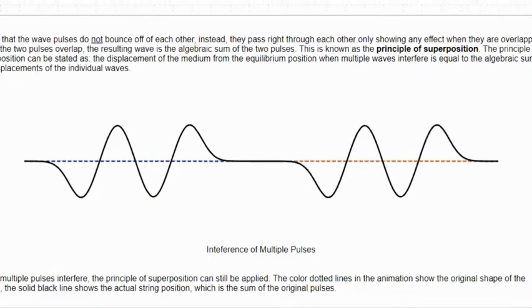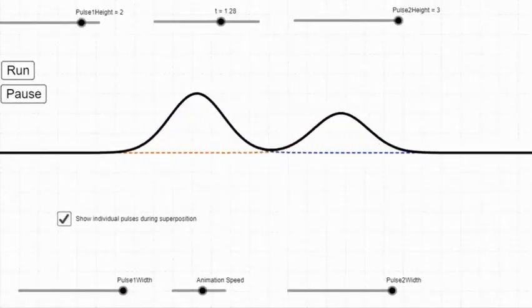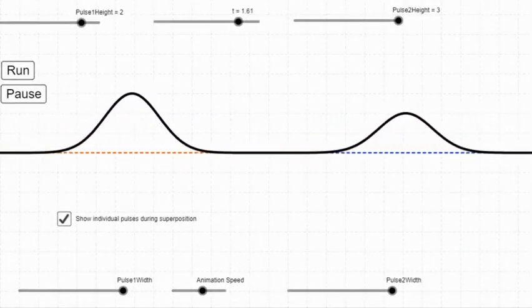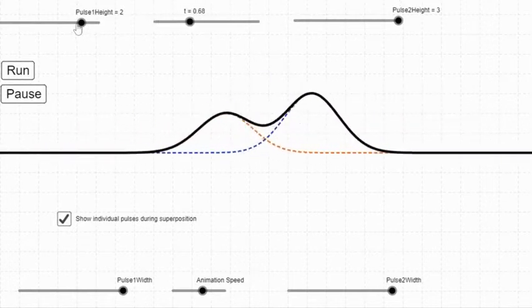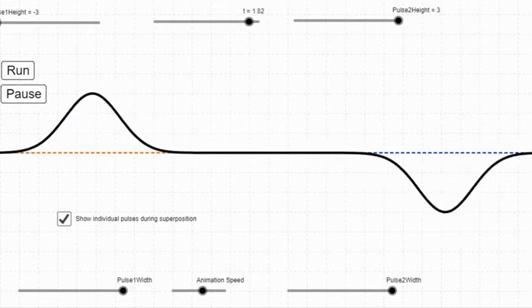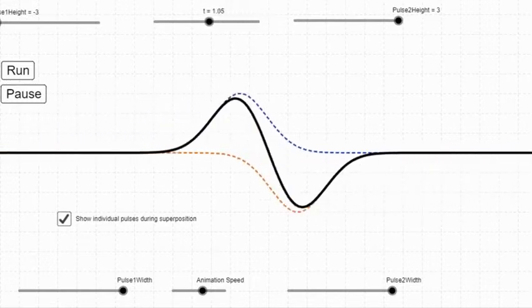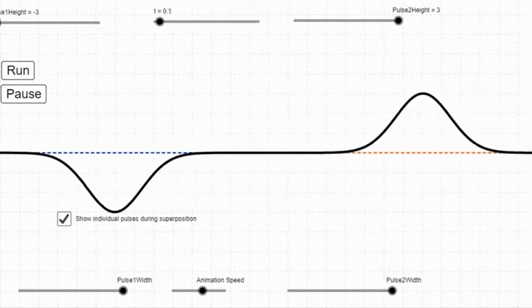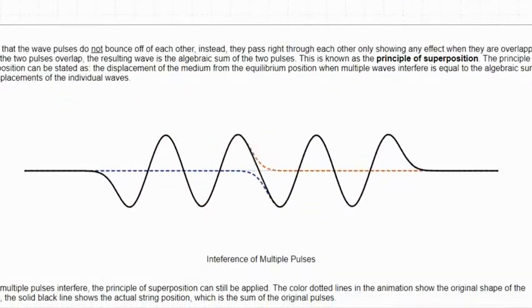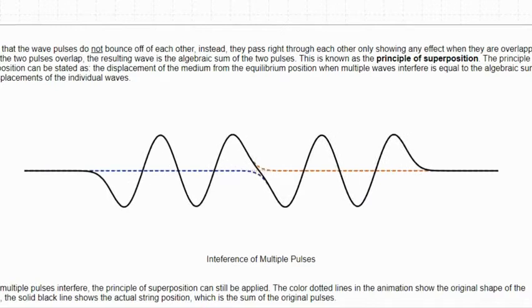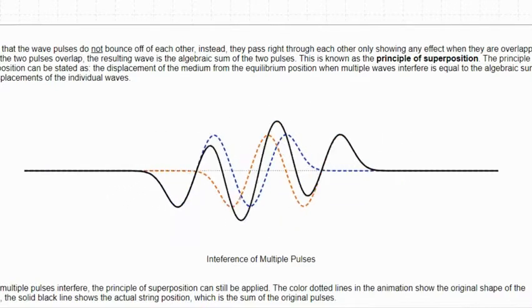Because yes, this up here is interesting when you have two individual wave pulses that are interfering constructively, or as I did before, interfering destructively. But what happens when you have a more periodic wave, more of a series of crests and troughs that interfere with each other?